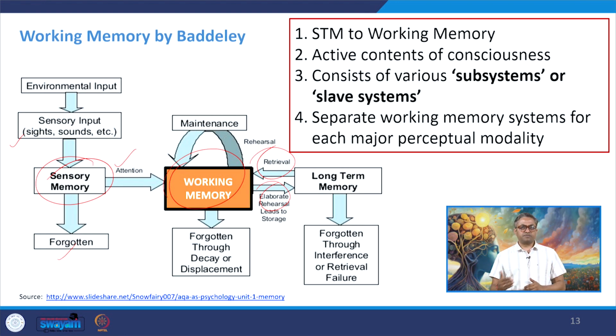After 25 years, he proposed a new component into this list. The 3 components which he proposed initially in the year 1974 were the visuospatial sketchpad, the phonological loop, and the central executive system, which is the same as the attentional system.